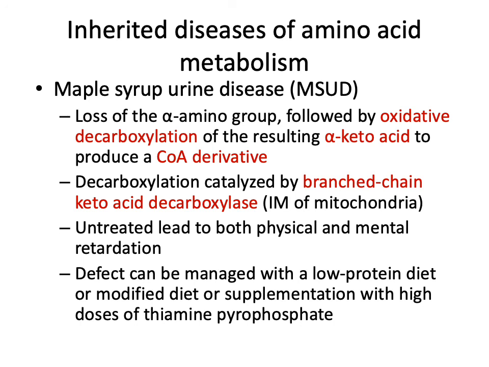And one of them shown here is what's sometimes called maple syrup urine disease, and it's called that because what happens is people with this problem cannot break down the non-polar amino acids, and they tend to have a sort of a sweet smell or even a sweet taste.